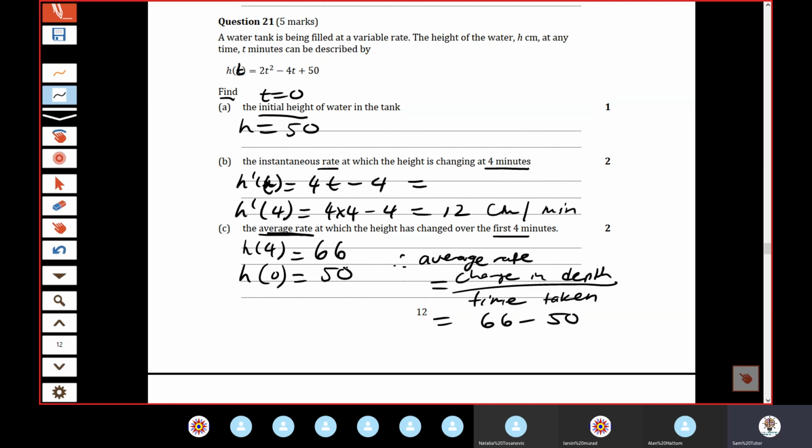The change, how much it changed from 50 to 66, right? And it took 4 minutes to do it. And that should be 4 centimeters per minute. So careful there, actually. That's another one I would say is tricky.